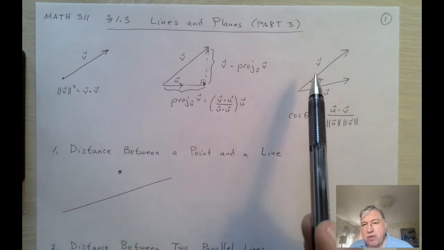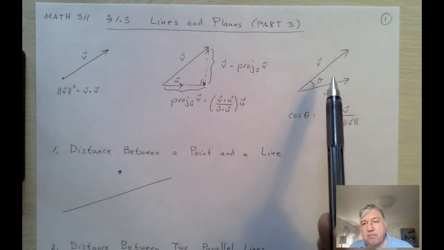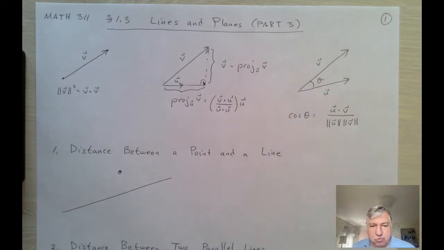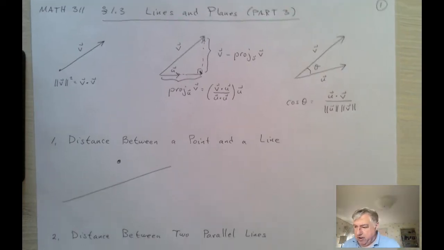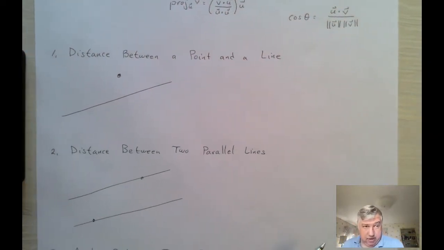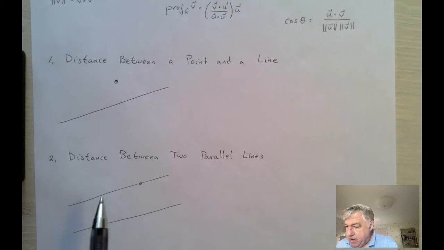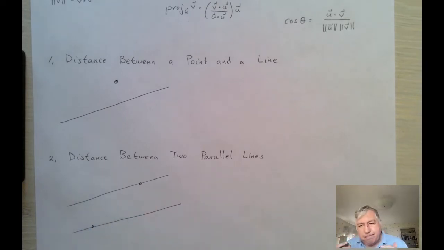And then, of course, we know how to measure the angle between 2 vectors by first computing the cosine. Okay, so in the previous video, we talked about the distance between a point and a line. And in all of this, we're going to see that a picture is worth 1,000 words.